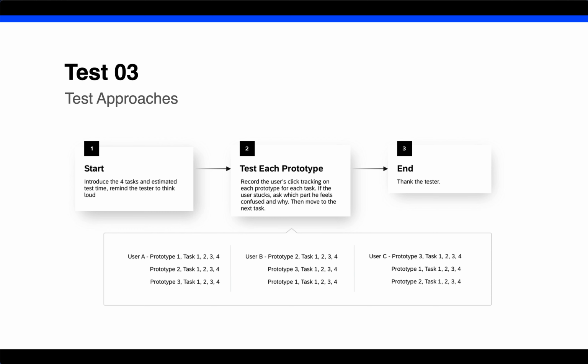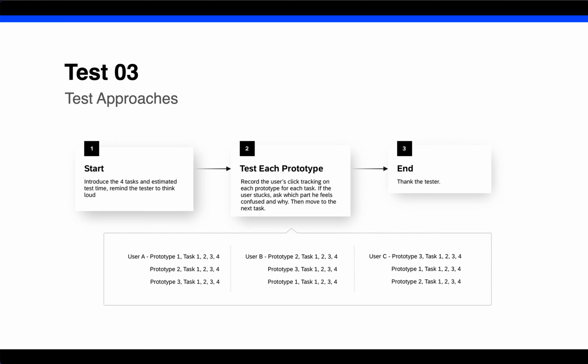One thing I want to mention: based on my previous tests, I found that when testing a business-related product, the user spends more time on the first prototype, because the user needs time to digest the new terminology in the business field, or the unfamiliar UI pattern.